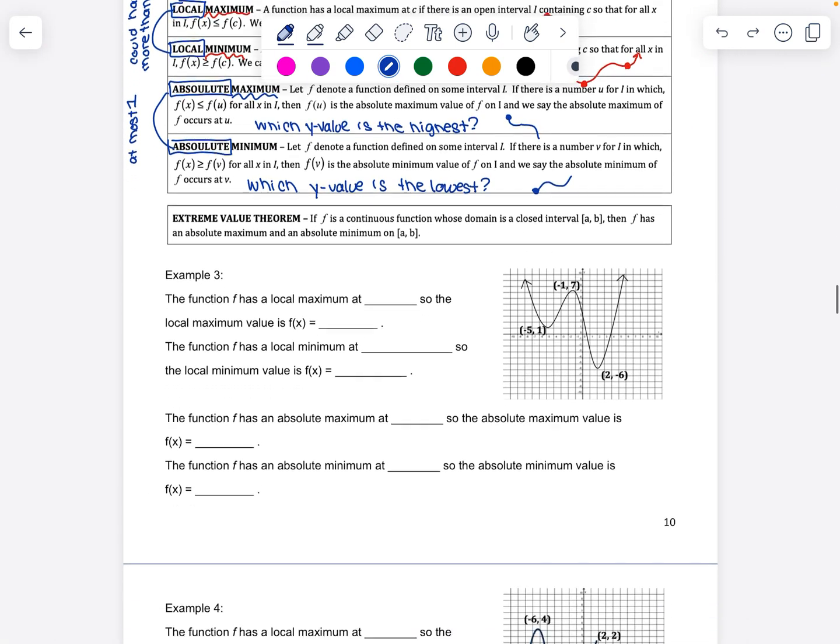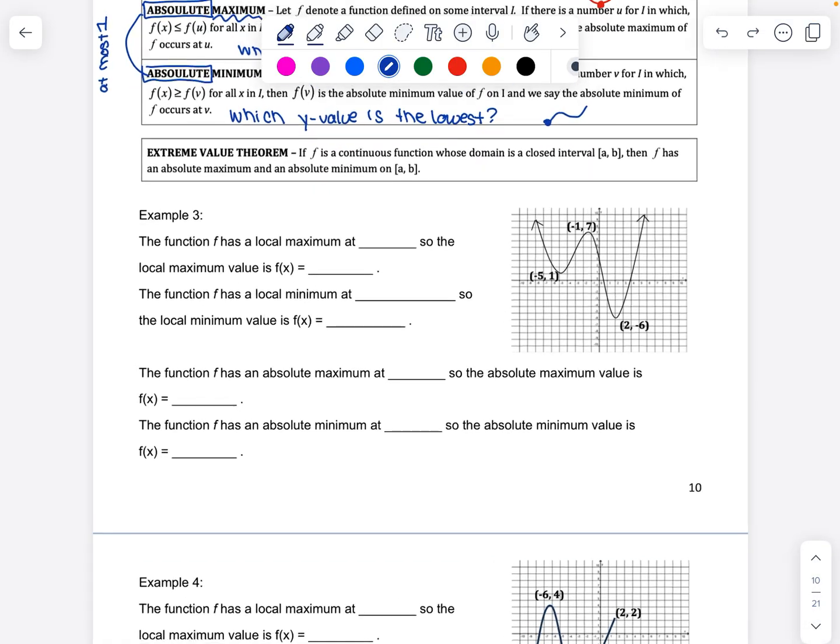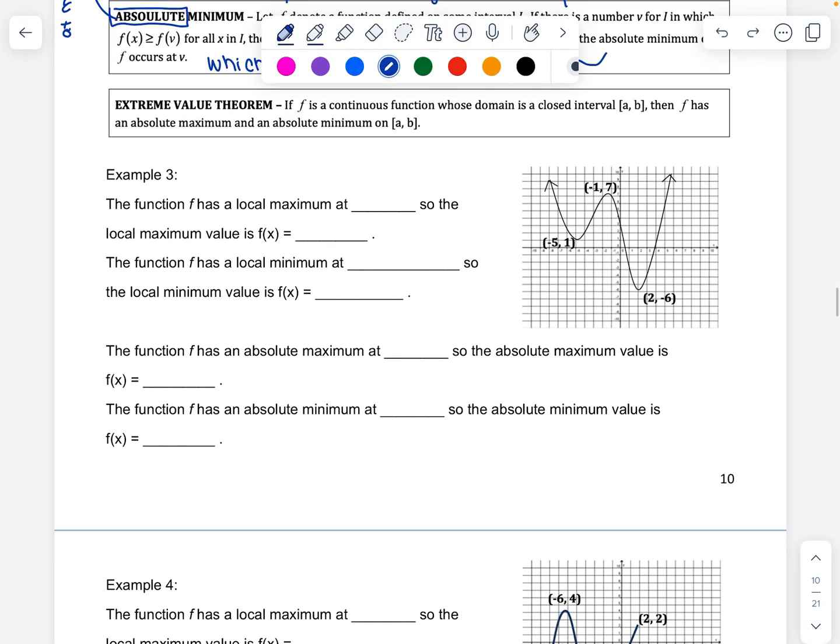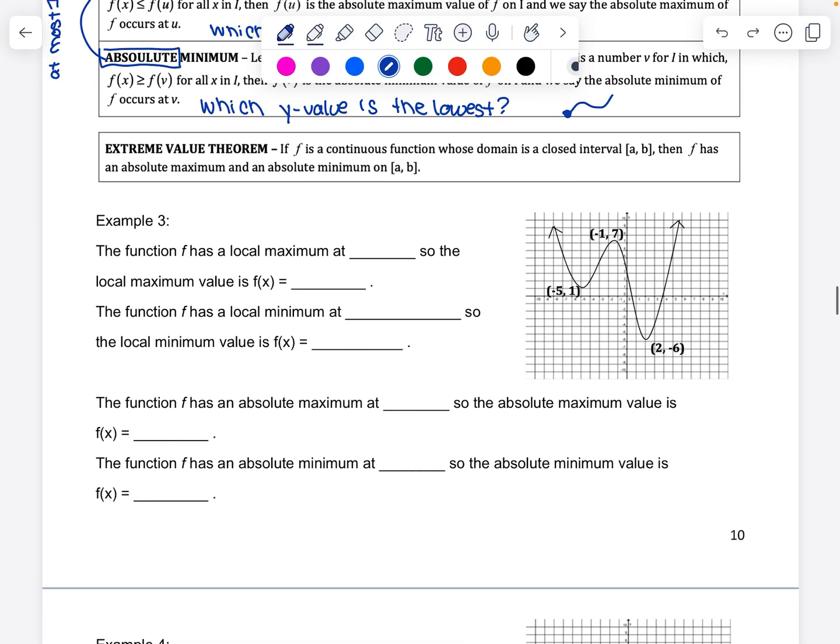Okay, so if we take a look here, we're going to skip the extreme value theorem for a minute, and let's do some examples. So here we have a graph. It says the function f has a local maximum at. So let's take a look. They're looking at local maximum, okay? So local can be more than one, and we're talking about something that is going to be a hill. So we're zoning in on this point right here.